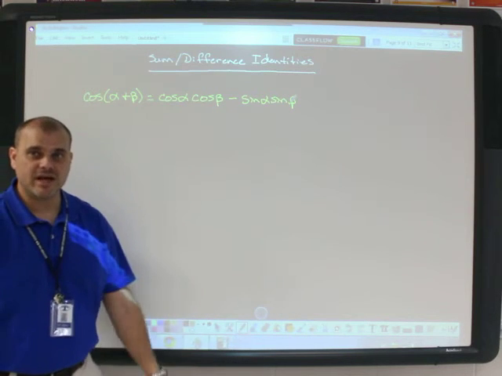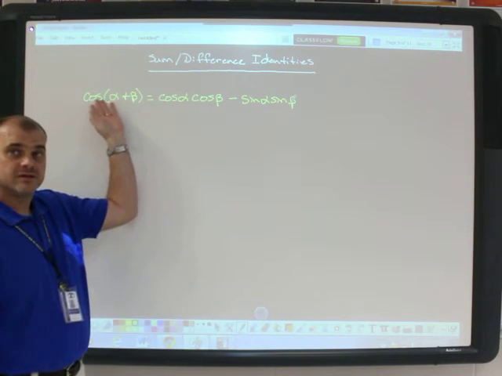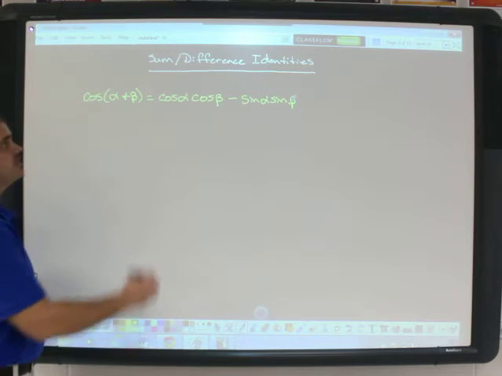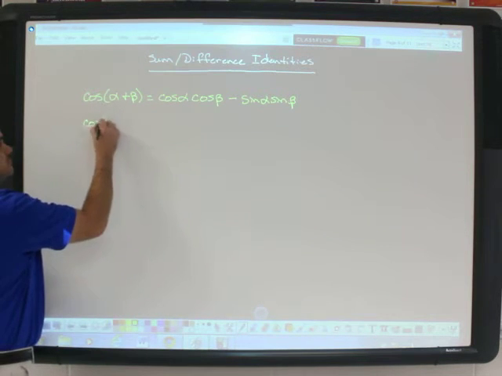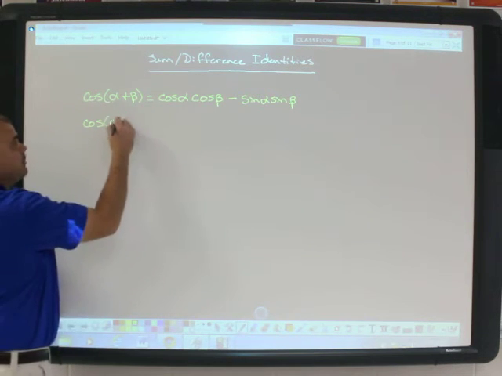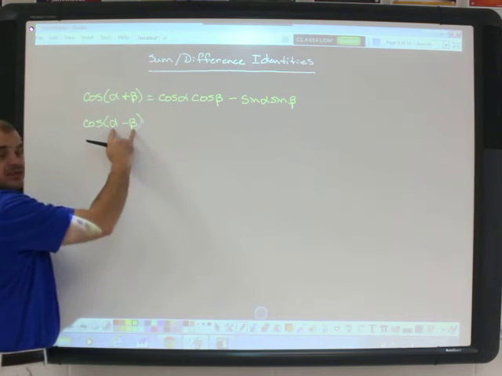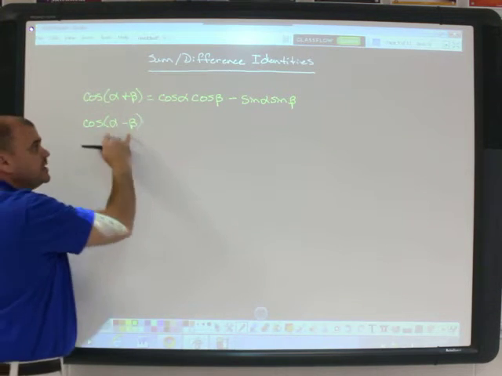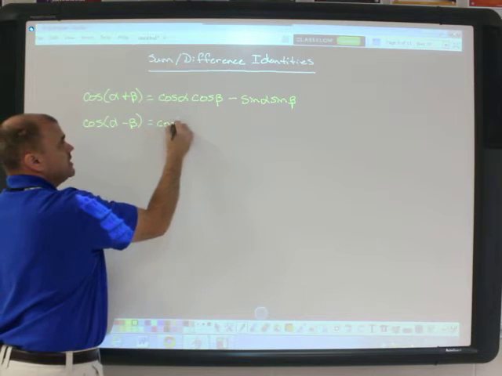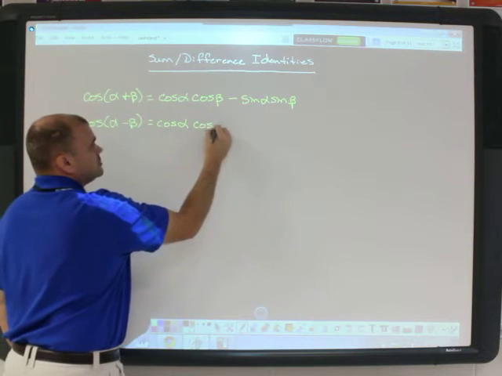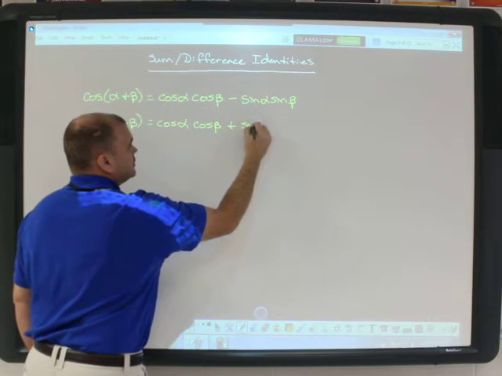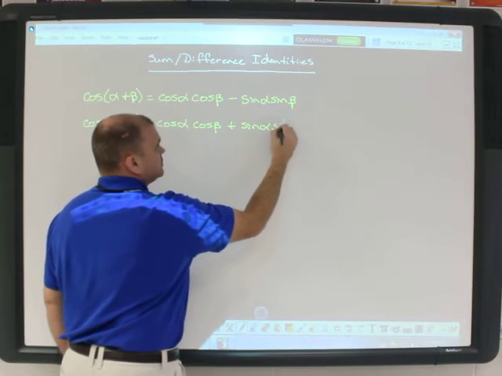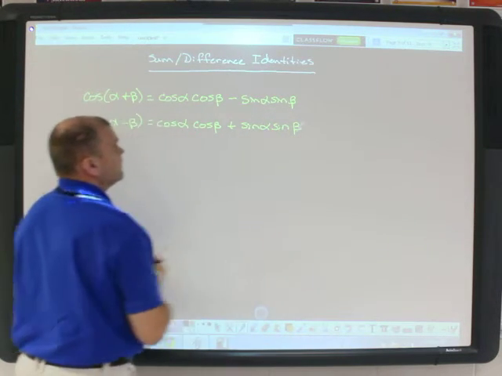That is part of the identity of cosine sum. There's also a cosine difference. Cosine of alpha minus beta, again, two different angles, not the same, is equal to the cosine of alpha, cosine of beta, plus the sine of alpha times the sine of beta.